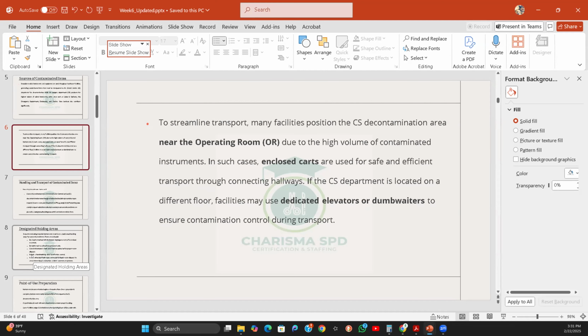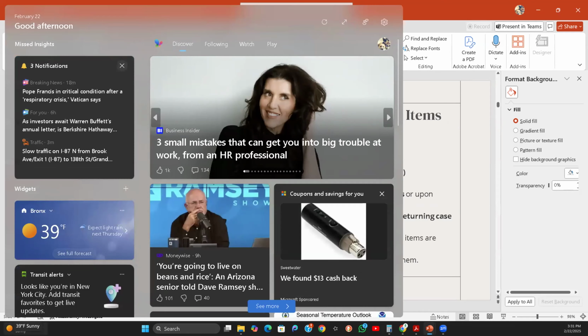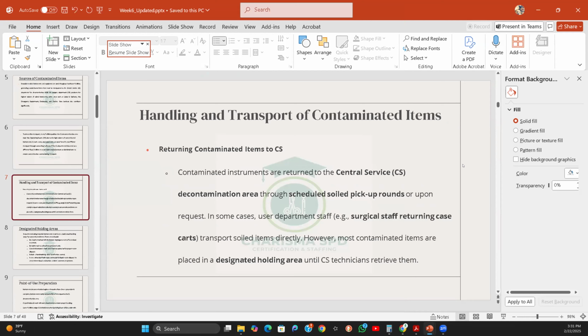Sometimes, unfortunately, they are shared with maybe visitors or patients. Sometimes they are also just dumbwaiters, where you throw in your cart that has dirty items or instruments, press a button, and it takes the cart straight to Central Sterile Processing Department and then to the decontamination area.